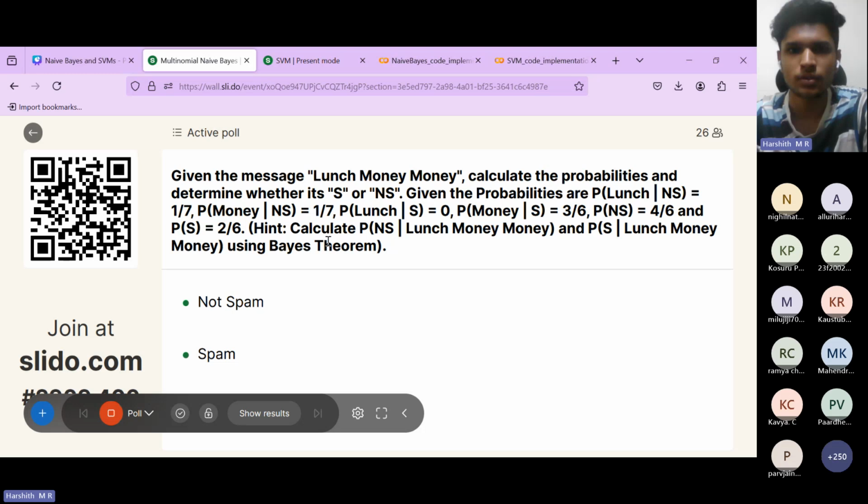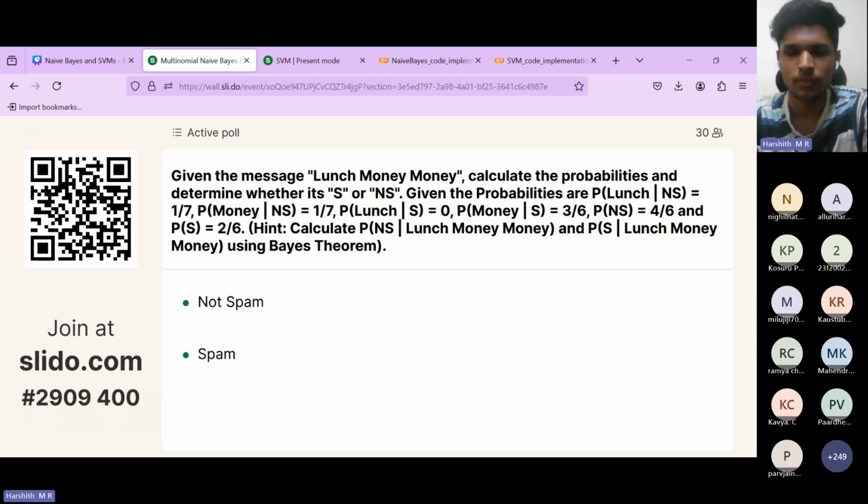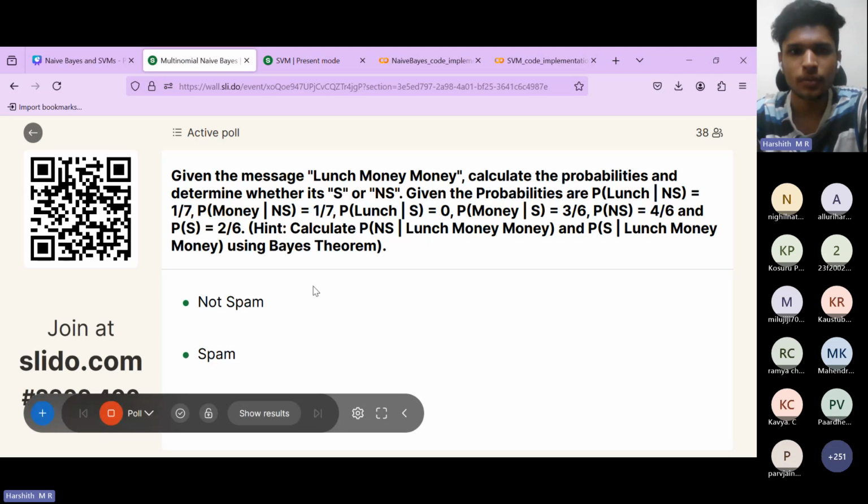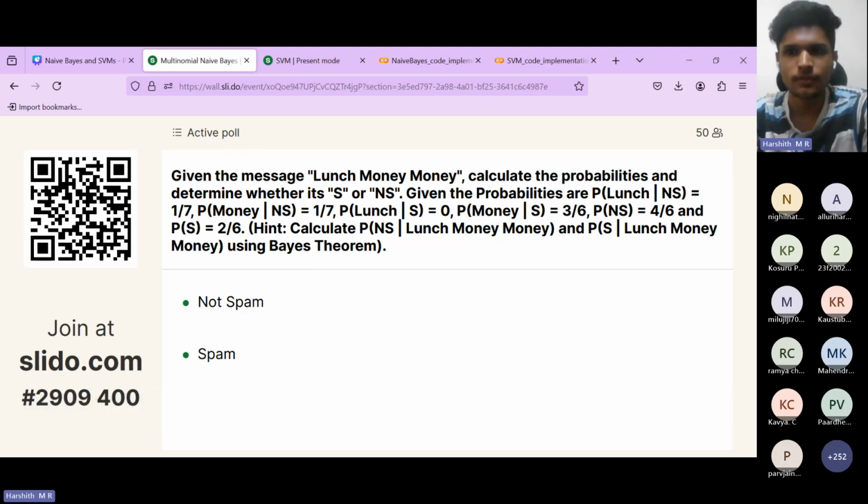As you saw in the previous case, the resultant equation was a multiplication of those three terms. When you get the not spam probability to be greater than spam, you put it as not spam, or else you'll put it as the spam class. I'll give you 2 minutes to attempt the question.